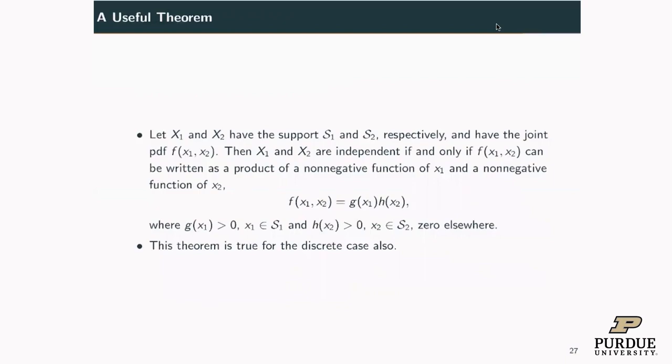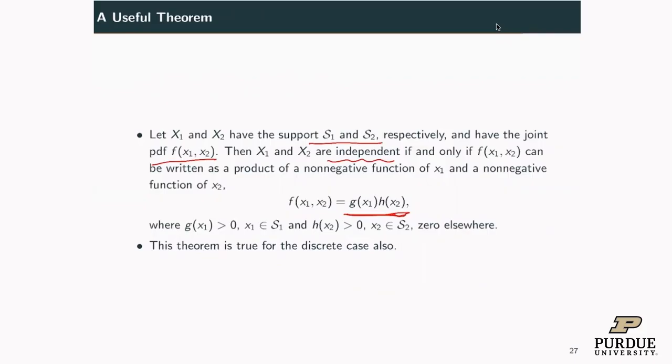Okay, so let x1 and x2 have supports S1 and S2, and joint PDF f. Then x1 and x2 are independent if and only if the joint distribution f(x1, x2) can be written as a product of two functions.